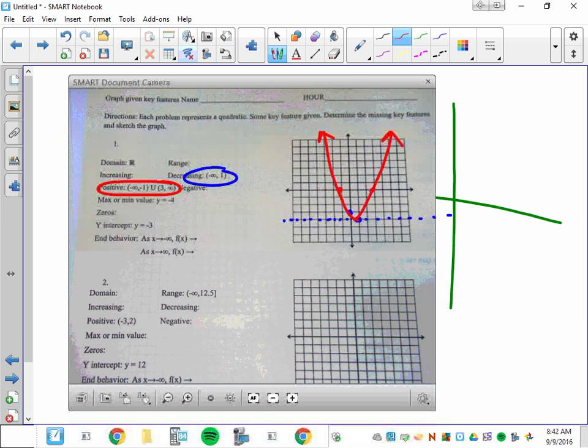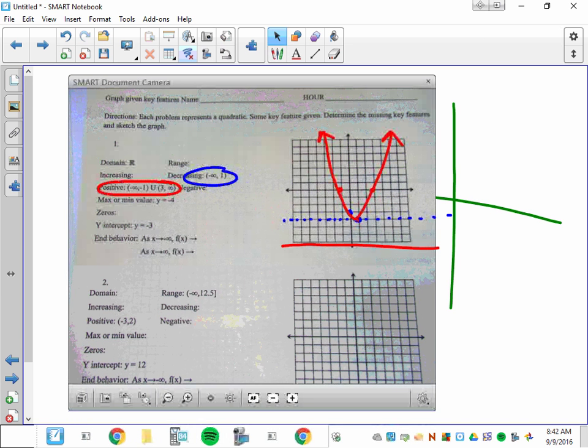Do I know what the range is? What is the range? So we look at the y values. Which y values show up? So if I draw a horizontal line, are there any y values that miss the graph? Yes, which ones? Everything below -4 misses the graph.